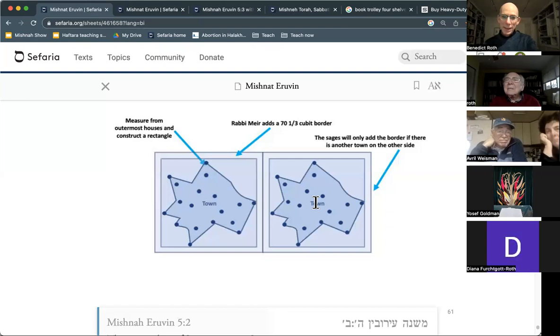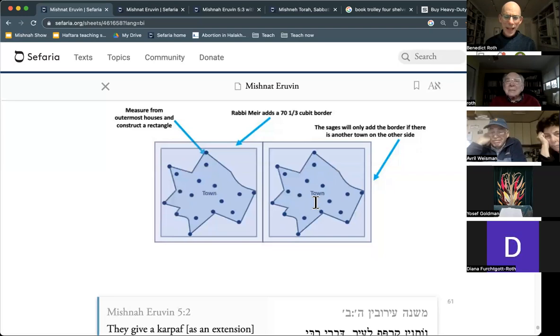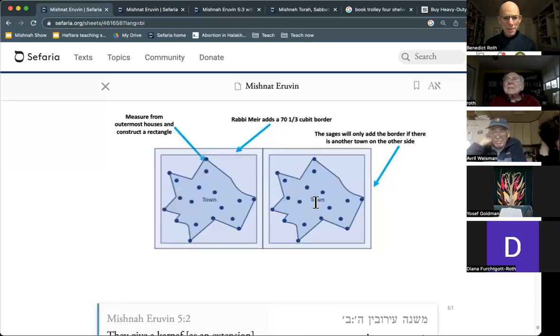Rabbi Meir will actually add this boundary around any town. He doesn't require another town to be next door to it. So that's Rabbi Meir and the sages. Thinking about this more strongly, maybe the sages would only add the karpaf in the middle and not at the edges.